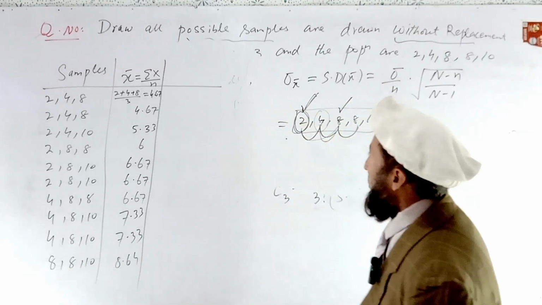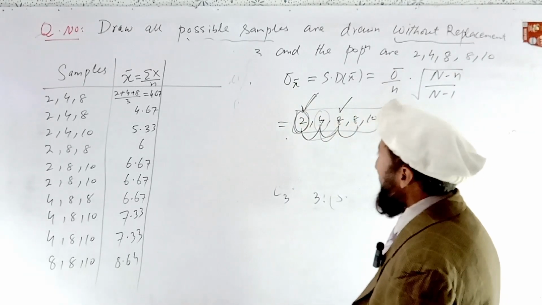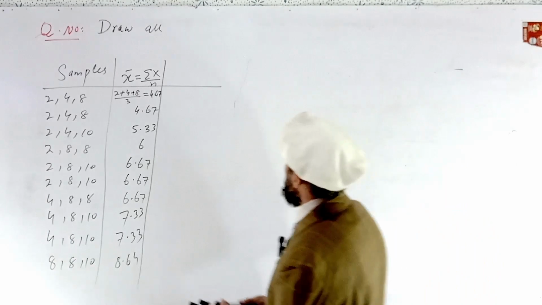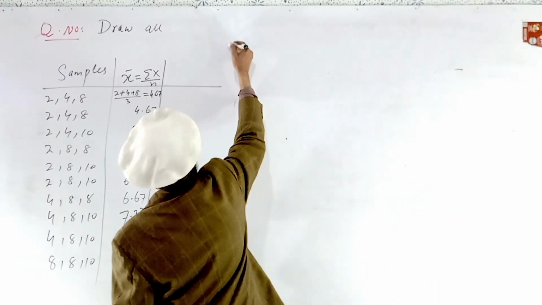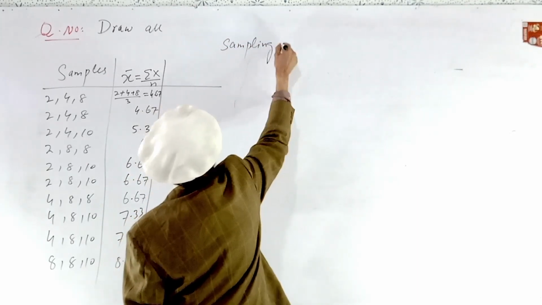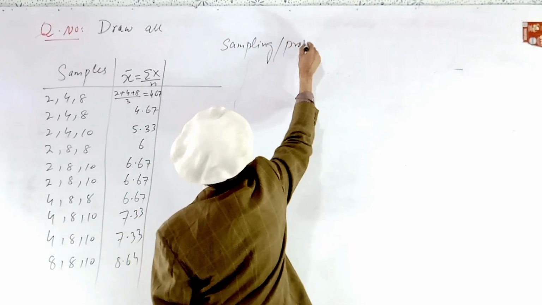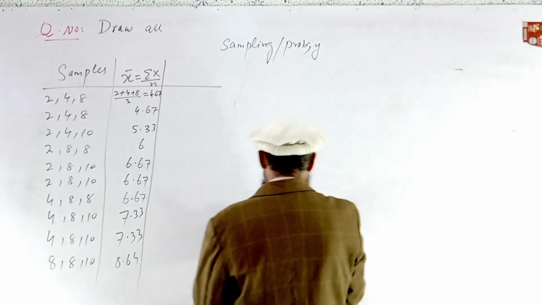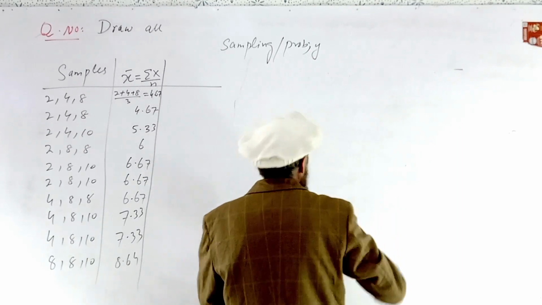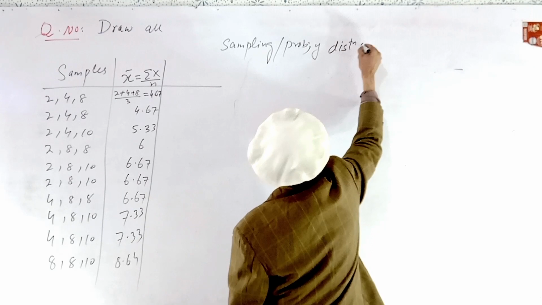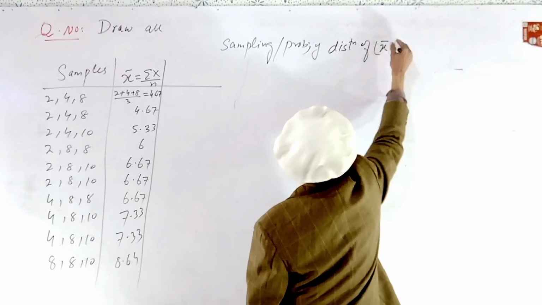Now we need here the mean of the sample mean. So here the sampling distribution or probability distribution of x bar.